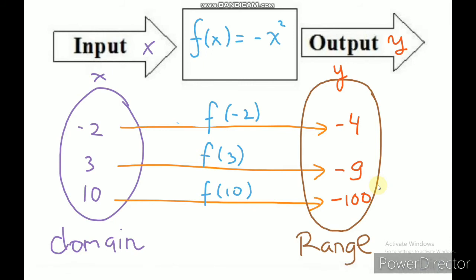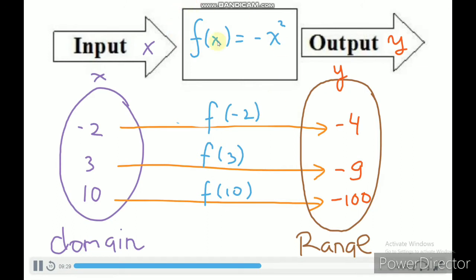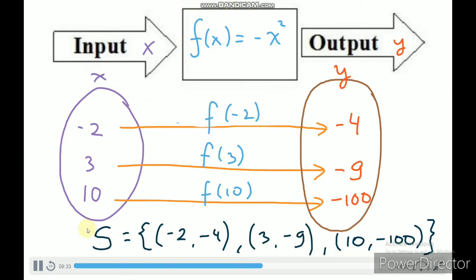So again, the range is really dependent on what the function is and what the domain is. Therefore, the solution sets for this function in response to the domain are 3 solutions, which you can see on the bottom.